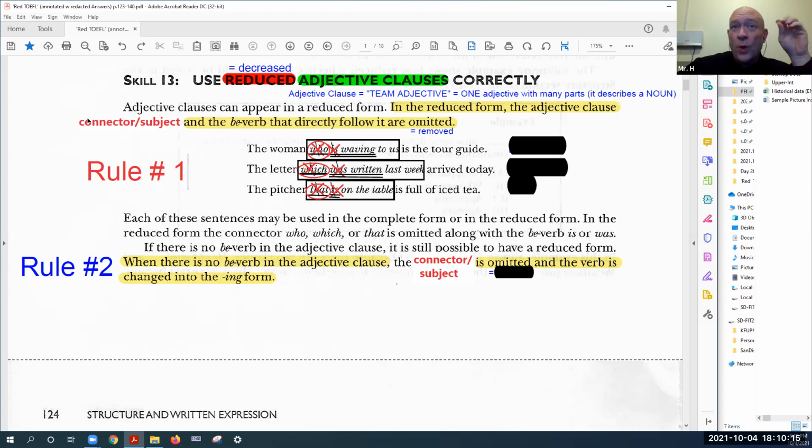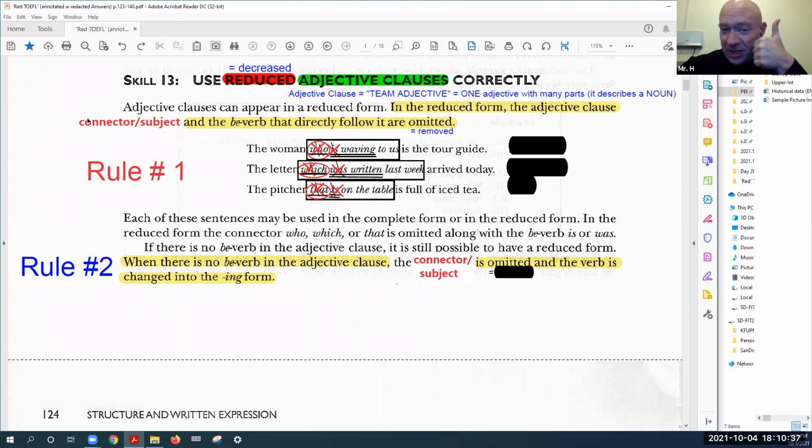So the important thing in skill 13, you must know skill 12 first, because here, the connector, when we reduce that, if you decrease the clause, how do you decrease it? You remove two things. You remove the connector subject. That's one.